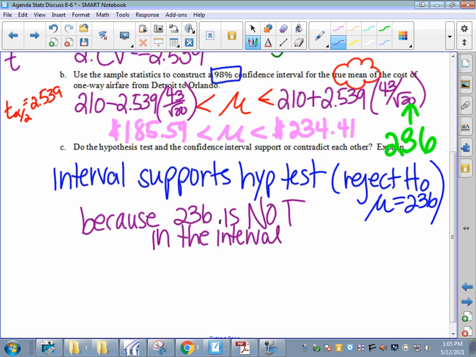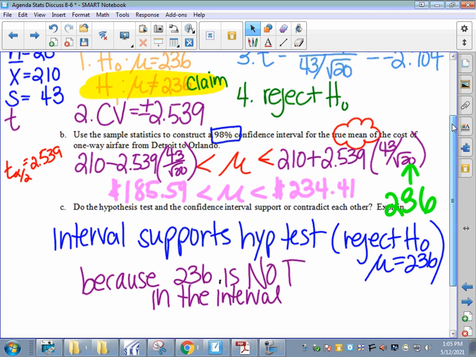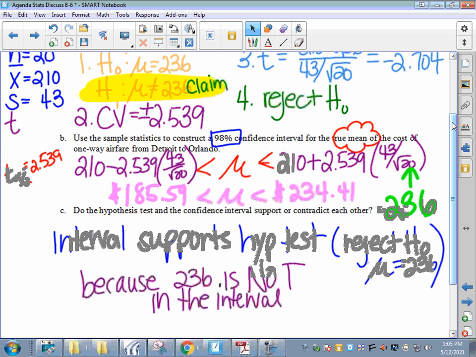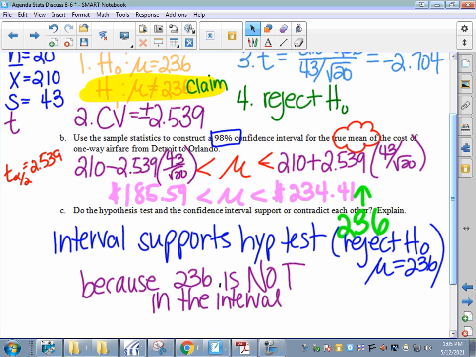I would know that I messed up if 236 was in the interval, but I rejected that the mean was equal to 236. Something went wrong there. So because it was a reject H sub O, I look at H sub 1 and I do not want that 236 to be a part of my interval, which is true. If I did not reject H sub O, I want my mu to be equal to 236, so it's got to be included in that interval. It's not because we rejected.